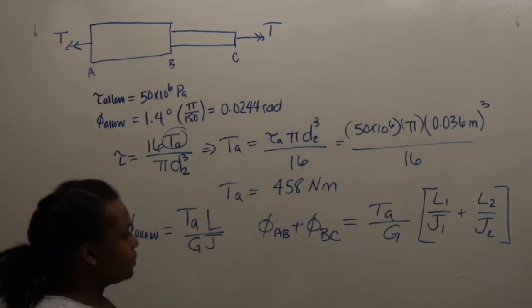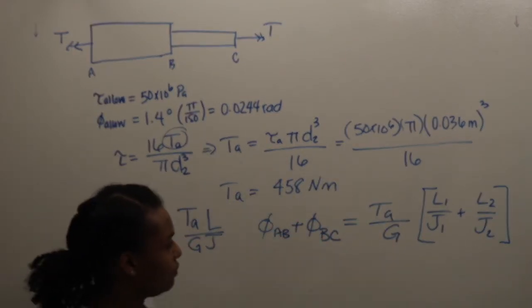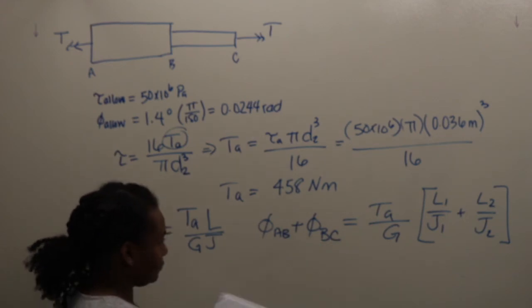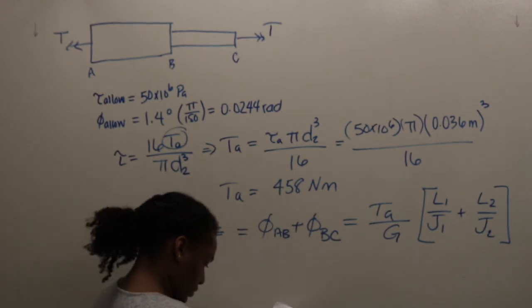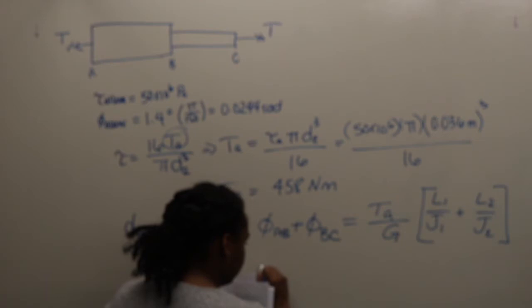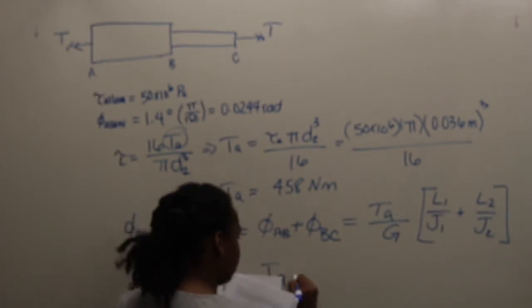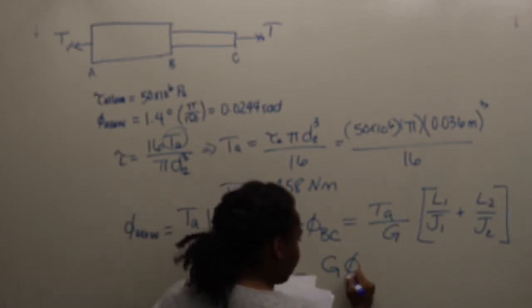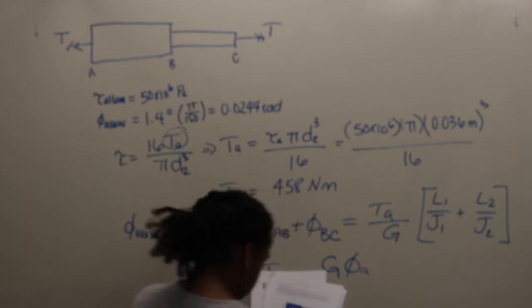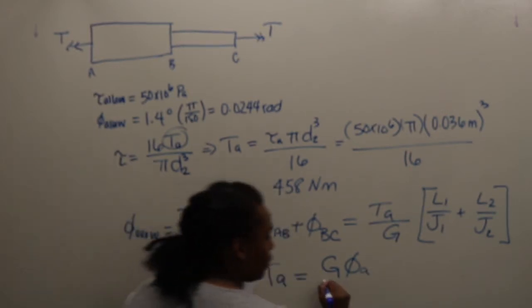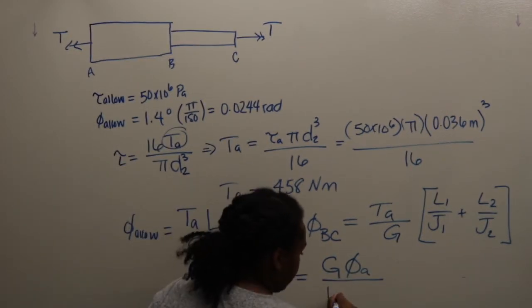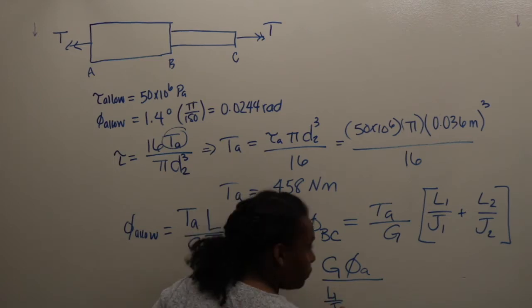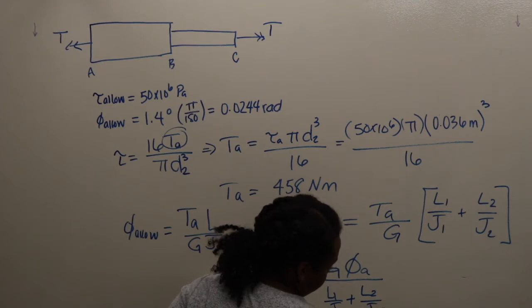When you rearrange this equation to find the torque allowable, the allowable torque equals the shear modulus times the allowable angle over L1 over J1 plus L2 over J2.